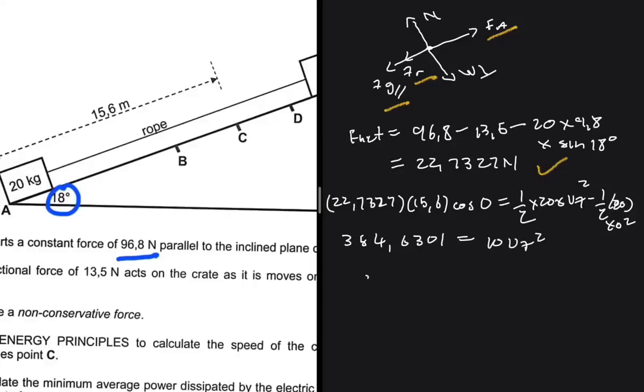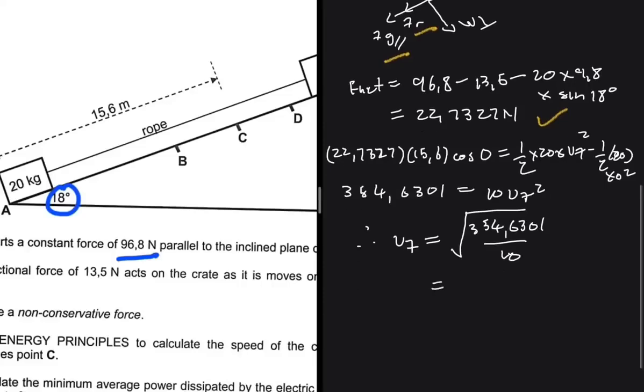If we apply a bit of algebra here and make VF the subject of the formula, we get the square root of 354.6301 divided by 10. Now I just need to put that in my calculator, and our VF is 5.96 meters per second.